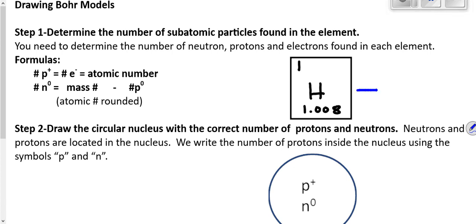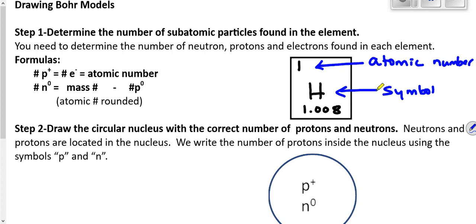And this symbol here is the symbol for the atom. It tells us which atom we're talking about, which element we're describing. The number up in the top corner is your atomic number. And it is one of the most important numbers that we have to know, because the atomic number, this number here, tells us how many protons we have and also how many electrons we have.